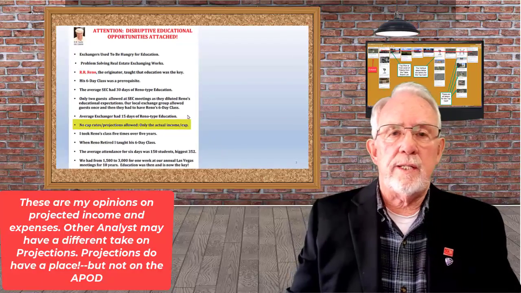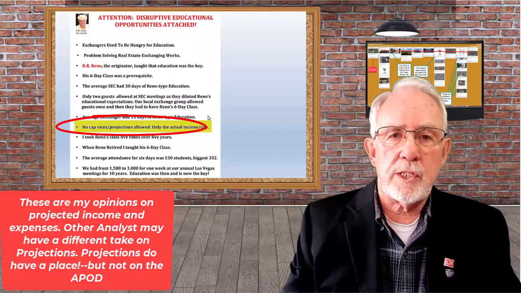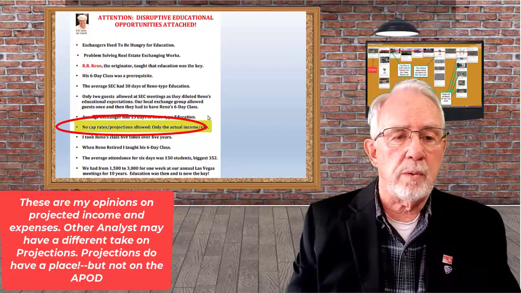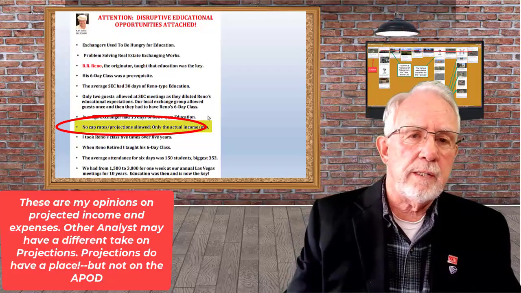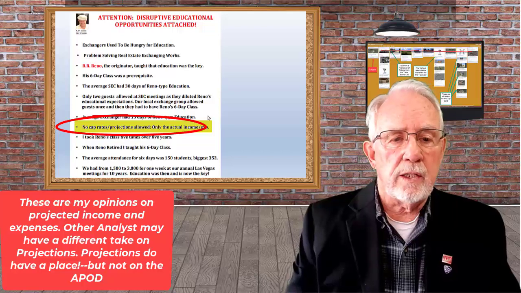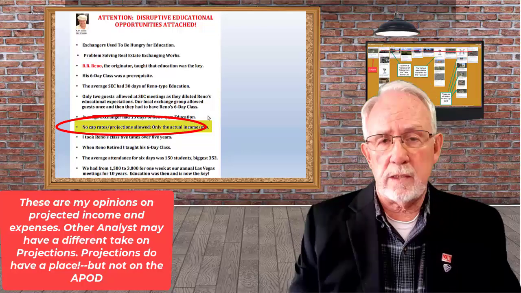Now you can see that I've got on my screen a sheet from Bob Steele, one of the greatest exchangers I think there is in the marketplace today. And you see down toward the middle of the page, it says no cap rates, no projections allowed, only actual income and expenses.